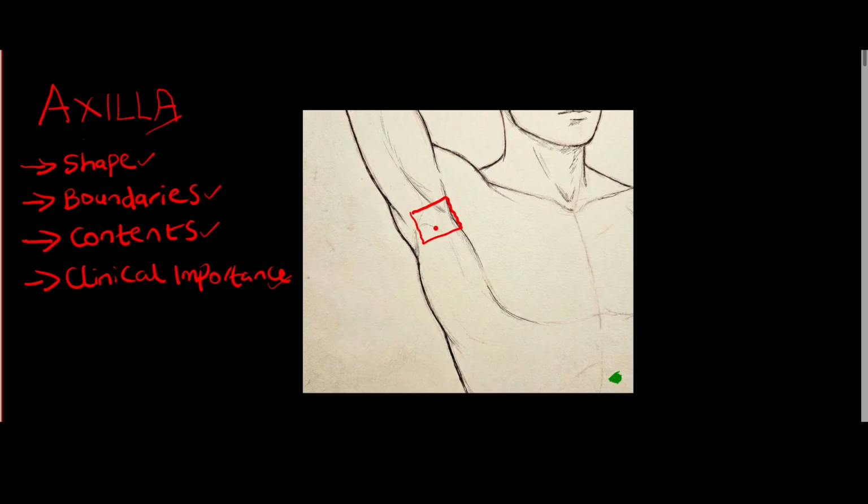Now, the axilla itself is much deeper than this. The axilla is a pyramid-shaped space located between the upper limb and the side of the chest wall. Now look at this diagram.